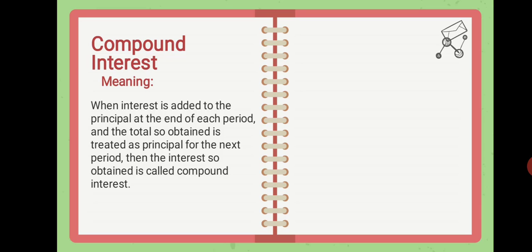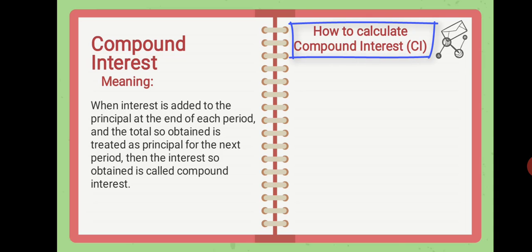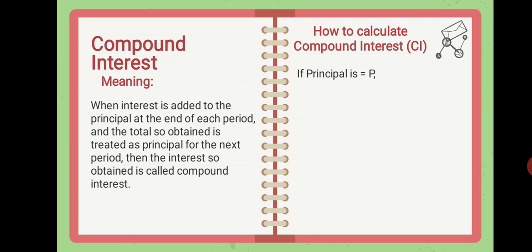Then how is it calculated? So how to calculate compound interest? If the principal is P, the rate of interest R and the number of periods N. Here the rate of interest and number of periods are different according to compounded half yearly, compounded monthly, compounded quarterly.